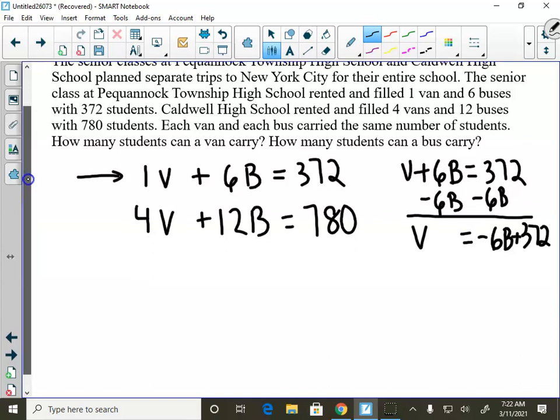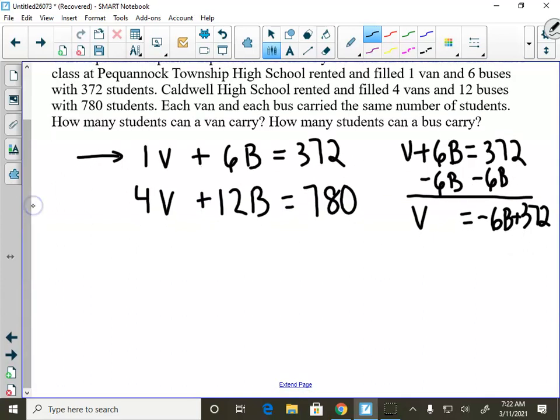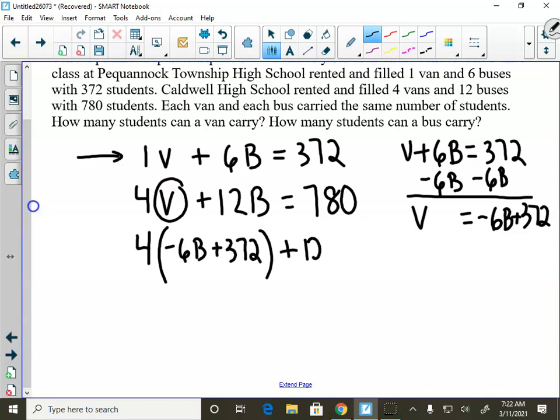All right, so let's substitute in and see what happens. So we know now v is equal to negative 6b plus 372. So we'll substitute it right in here for this v. And we get 4, and then negative 6b plus 372 plus 12b is equal to 780. Okay, so now all we have to do is distribute that out, and let's see what happens with that.